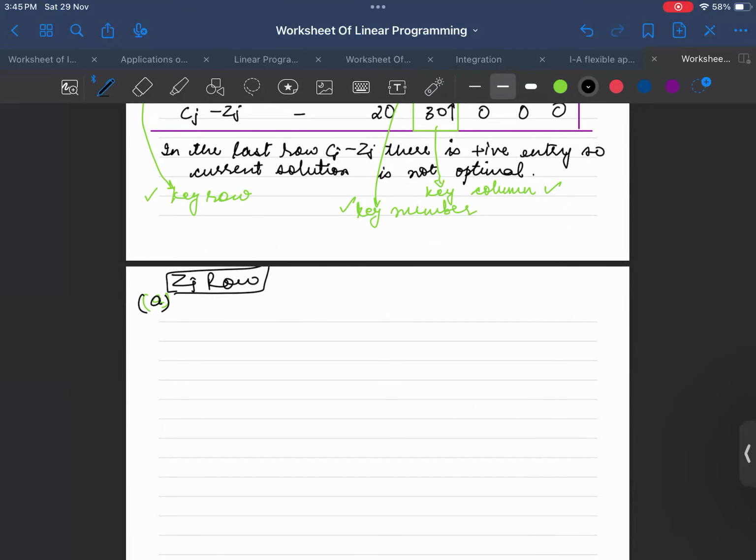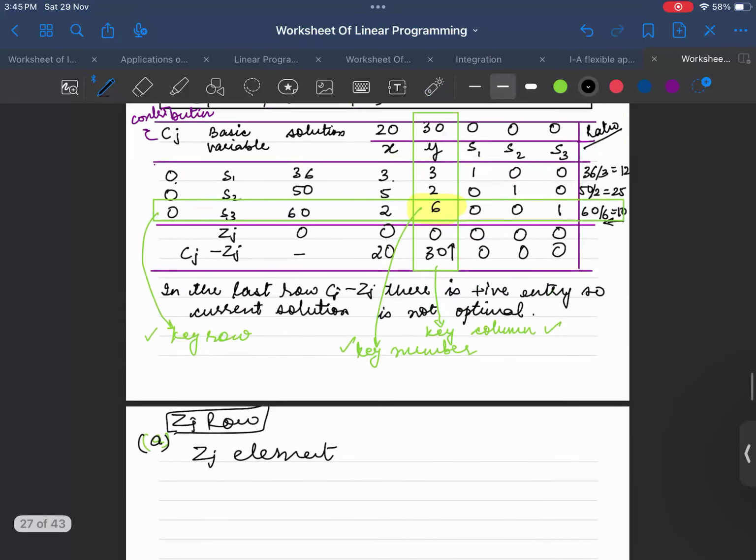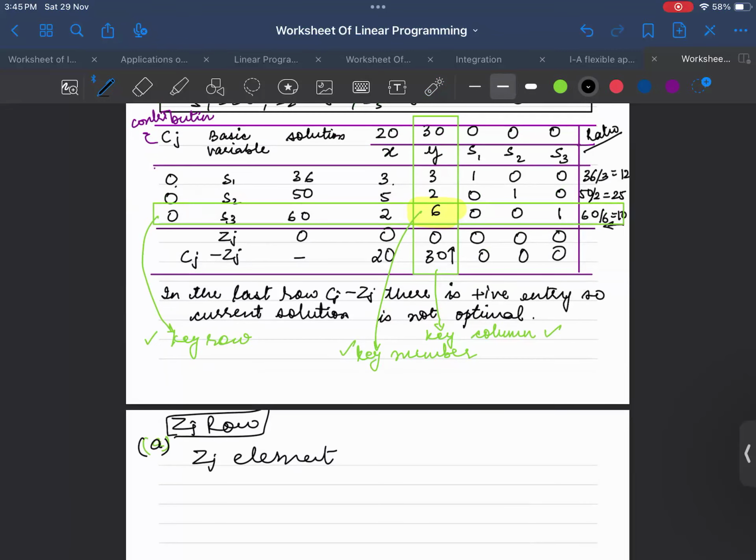First thing, the Zj element is calculated for every column, starting from the solution column. Second point, B: the Z entry under the solution column gives the current value of the objective function.